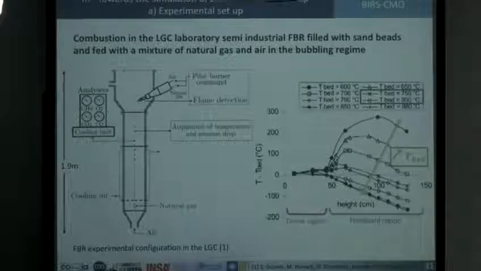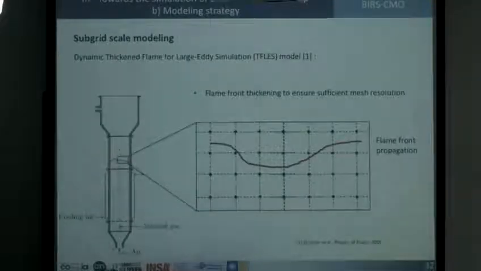And that critical bed temperature should be between around 700 degrees and 850 degrees, and that's what we are interested in. So regarding our modeling strategy, as introduced by Vincent, we should use, in the first place, a dynamic thickening flame front technique in order to ensure a sufficient mesh resolution for our flame front.